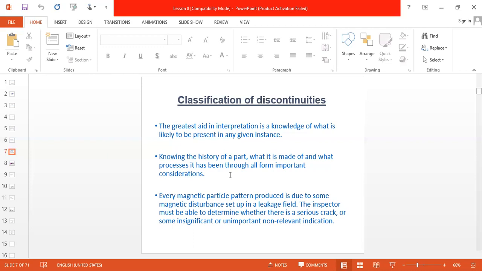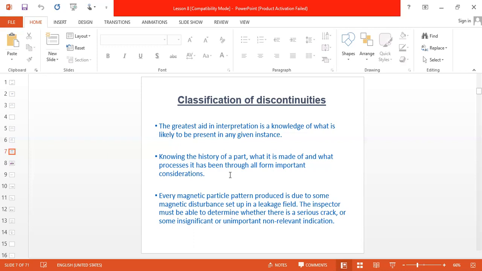One technique cannot detect all discontinuities, because every discontinuity's location will be different. Some techniques detect only surface discontinuities, some only 1 to 2 millimeters, and others subsurface. So we have to choose each method based on the manufacturing process history, the previous history.